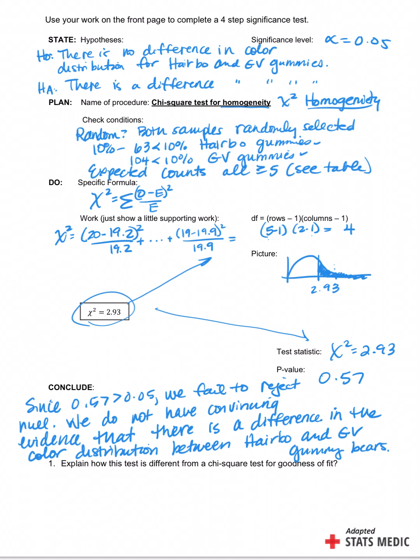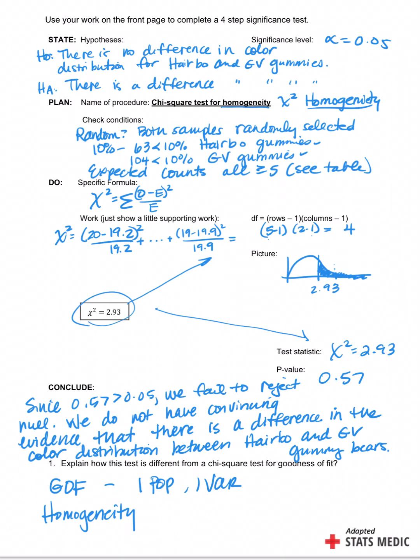Okie doke. Now, stop and think, okay, how is this different than chi-square goodness of fit? Let's go back to goodness of fit. And there's homogeneity. All right, goodness of fit was one population, one variable.